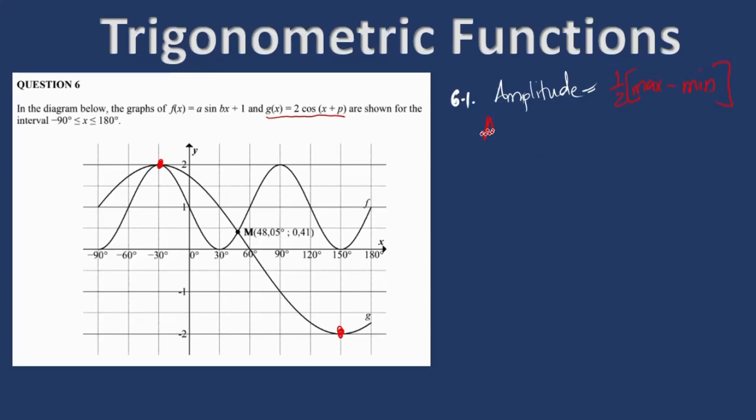So the amplitude will be equal to half of what is the highest value, it's 2, minus what is the lowest value, it's -2, right? So the amplitude will be equal to half of 4. What is half of 4? That is 2, so your amplitude is 2. Easy as that.